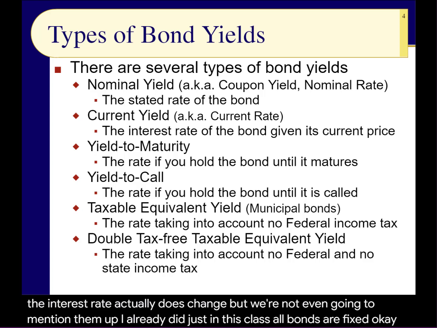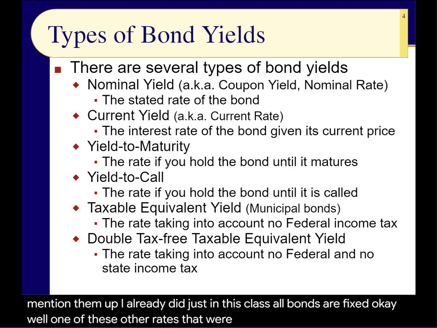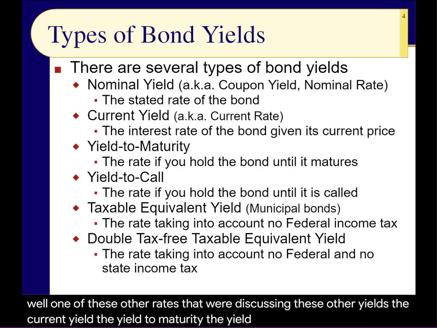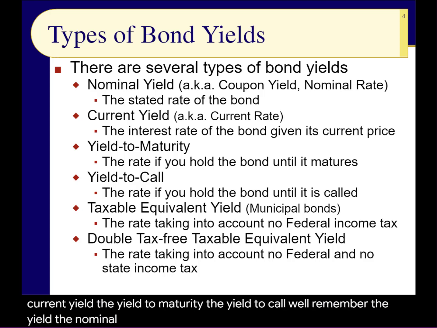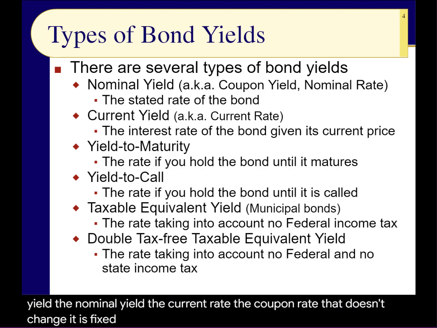Okay, well, what are these other rates that we're discussing, these other yields? The current yield, the yield to maturity, the yield to call. Well, remember, the nominal yield, the current rate, the coupon rate, that doesn't change. It is fixed. What changes? The price of the bond.